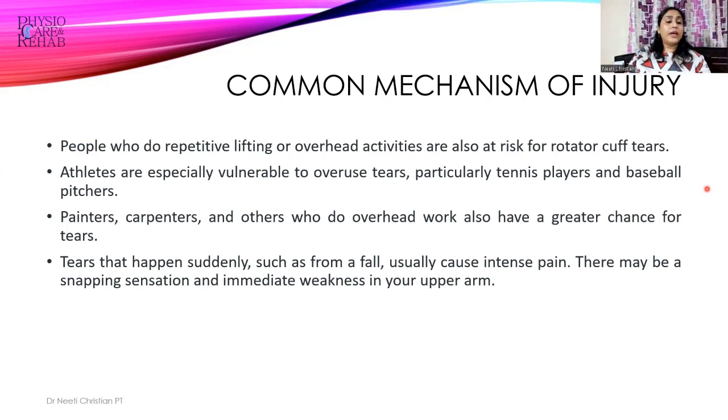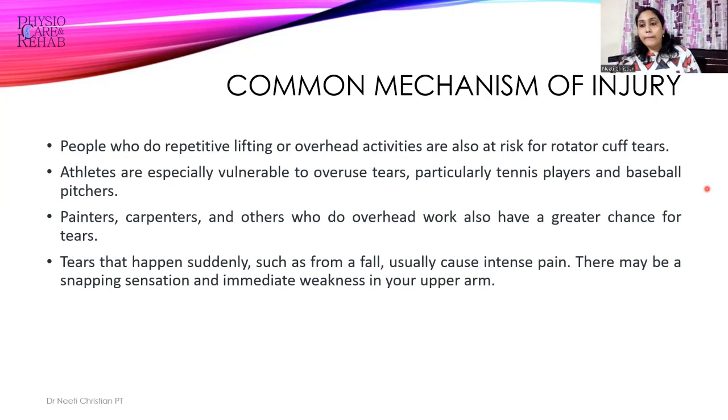The second type of people are athletes, who are especially vulnerable to overuse tears, particularly tennis players, baseball pitchers, etc. Tears that happen suddenly, such as from a fall, usually cause intense pain. There may be a snapping sensation and immediate weakness in your upper arm.